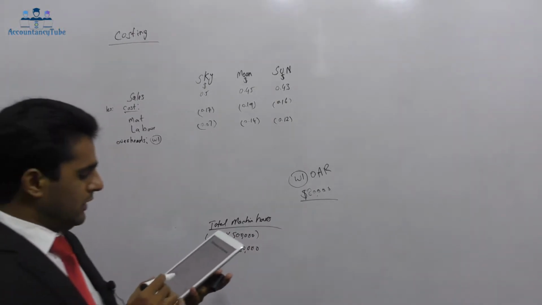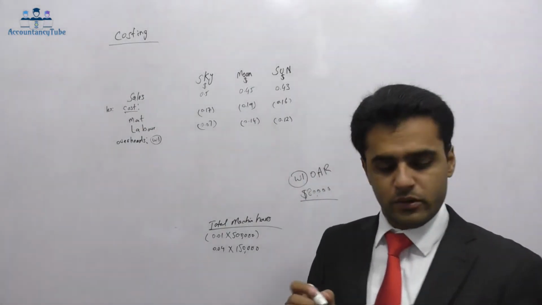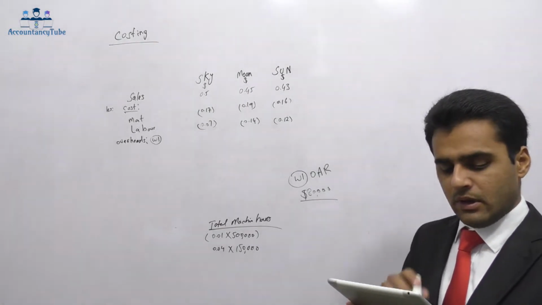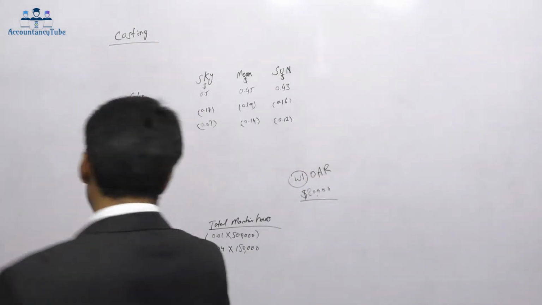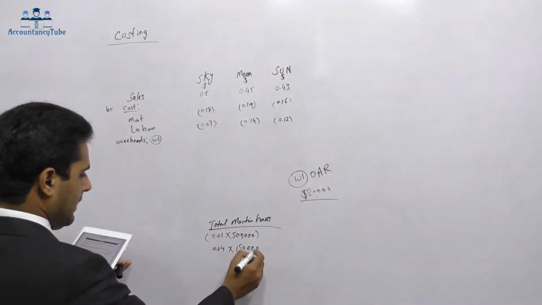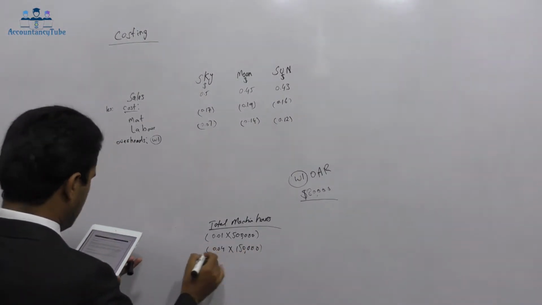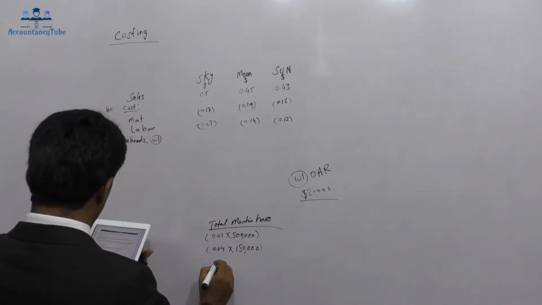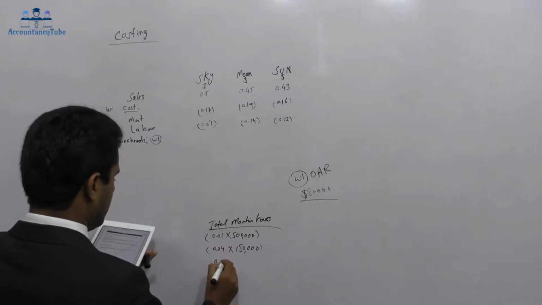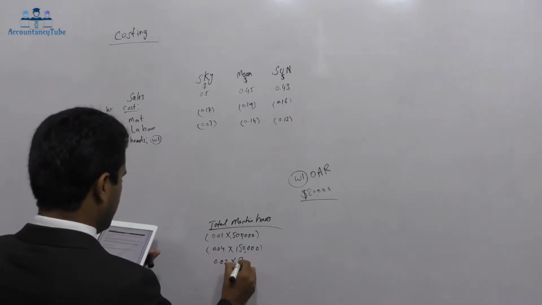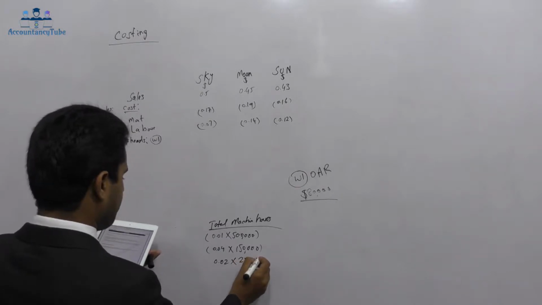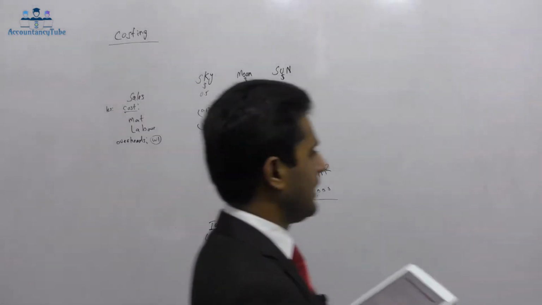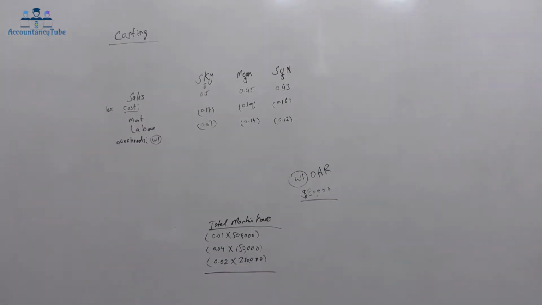There's an extra zero in this question. Please make sure you remove that if you have it in your notes, but in my notes it's fine. So if you have a mistake in your notes, it's 150,000 units for Moneg, all right? So 0.04 multiplied by 150,000, then it's 250,000 multiplied by 0.02. Right? Now if you add all of these, whatever the total is, that is our total machine hours.